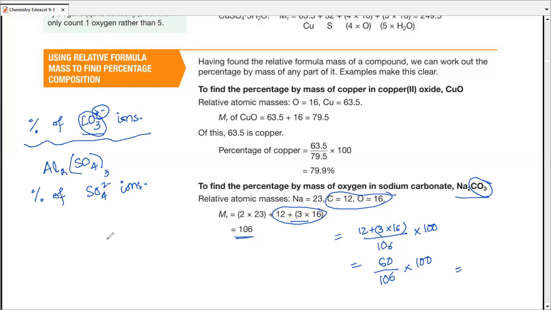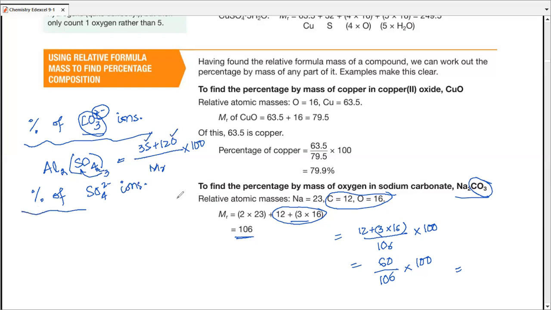So you calculate the MR, and what you do is that you have 3S plus 12O, and you divide them by MR and multiply them by 100. You'll get your answer. Do you get the point? Since there are three sulfur and 3 into 4, there are 12 oxygens. That's why we have 3 sulfur and 12 oxygen over there.